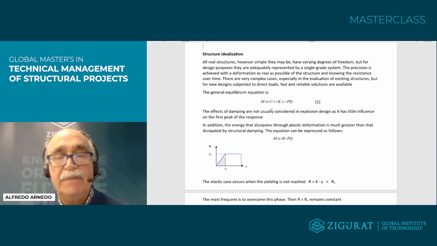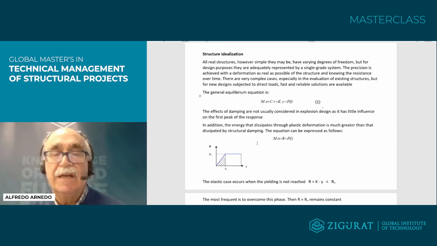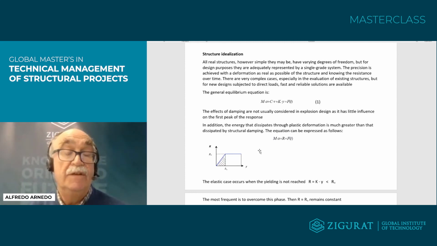The effect of damping in this equation is neglected because the duration of the load is very short, and consequently the energy that can dissipate due to this phenomenon is also very small. So the equation becomes the mass multiplied by the acceleration, the resistance, and the force.